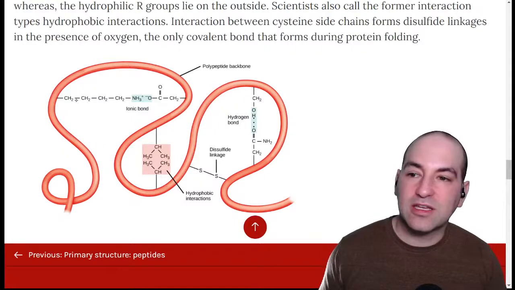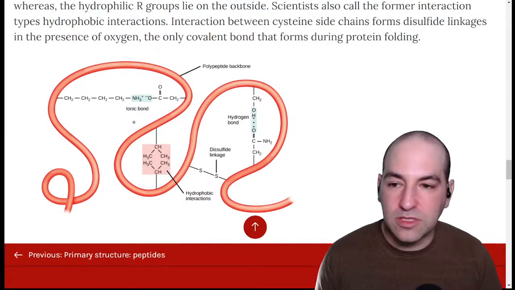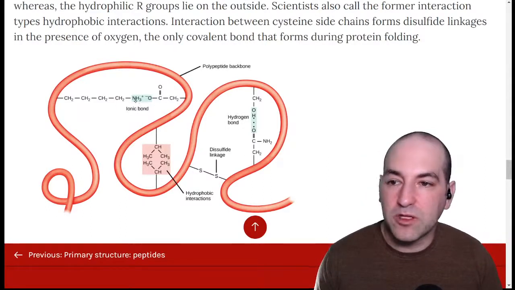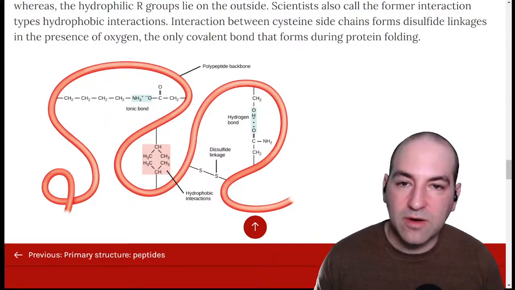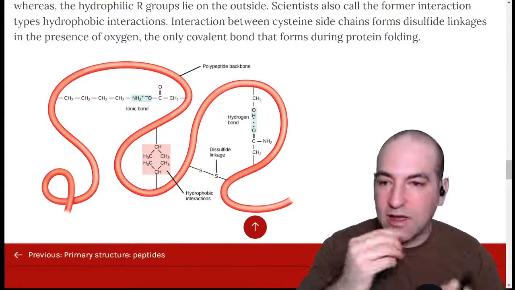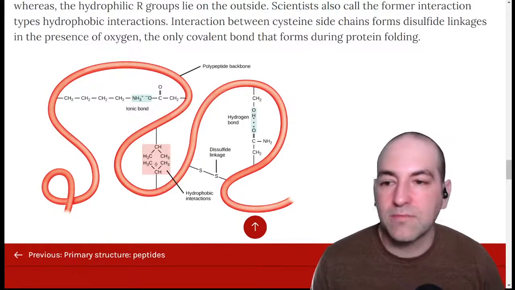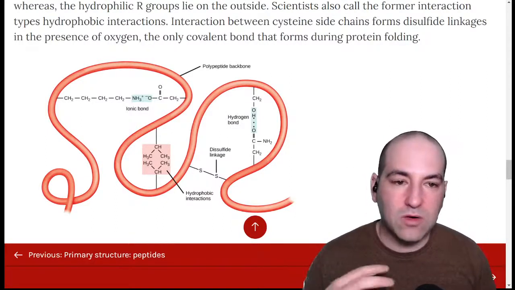Because they can connect to other ones in a totally different spot on the polymer, on the amino acid chain. For example, one of those positive side chain amino acids could find one of the negative side chain amino acids somewhere, and those two things could end up getting close together and attracting each other. That can happen with hydrogen bonds, with sulfur, with nonpolar stuff. So as this thing is twisting around, it can organize itself.